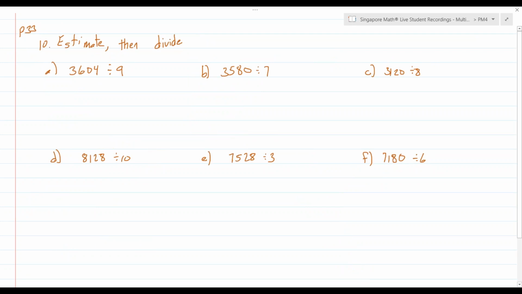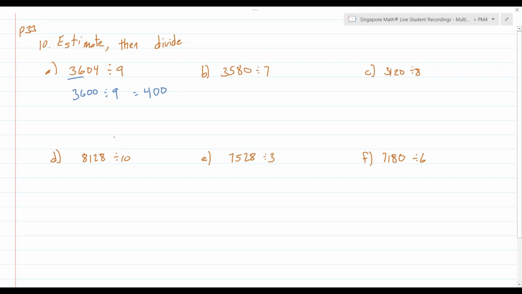All right, on page 33, it actually says there to go to exercise 12. I think these are supposed to be part of that. Best I can tell, this should be on the assignment before you do exercise 12. So let's look at those. If we're going to estimate and then divide, 36 is a multiple of 9, so 3600 divided by 9 is 400.